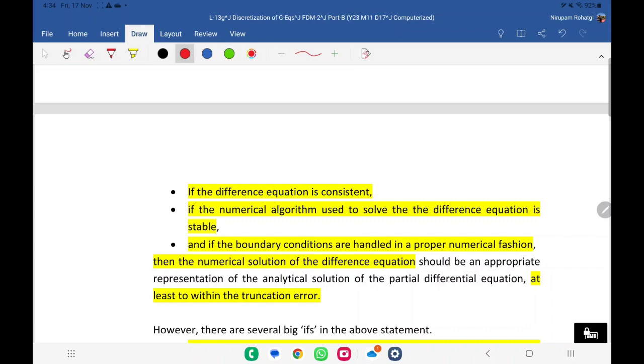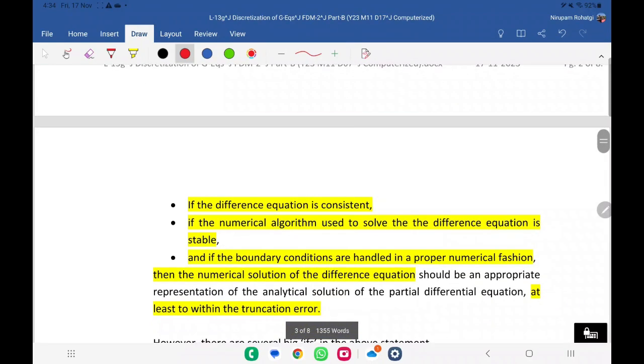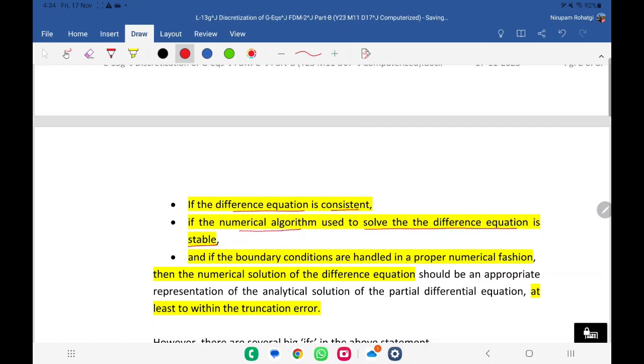If the difference equation is consistent, then there is still an issue. The issue is whether the numerical algorithm used to solve the difference equation is stable. Now you are going to solve it by iteration. What does stable mean?